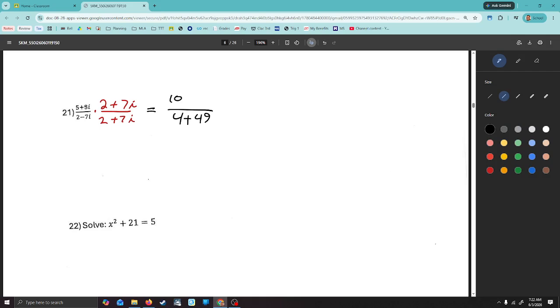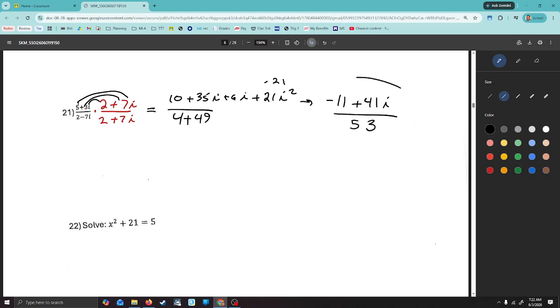That's going to be 10 plus 35i plus 6i plus 21i squared, which is secretly negative 21. So it's going to be 10 minus 21, negative 11, plus 41i over 53. You should always check if you can simplify something, but in this case I can't simplify.